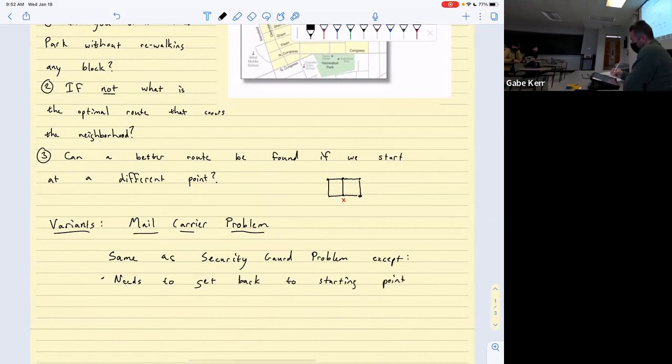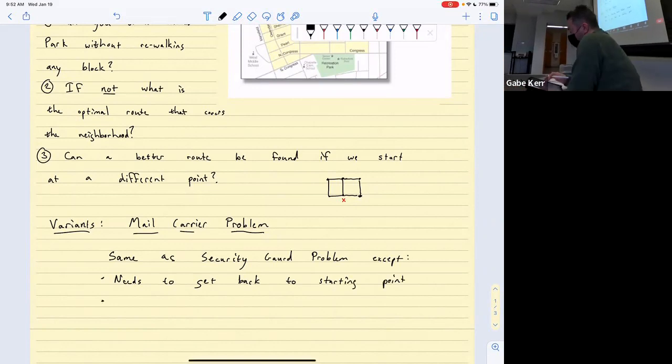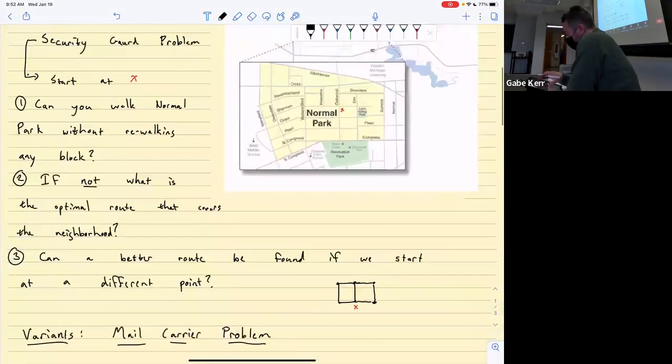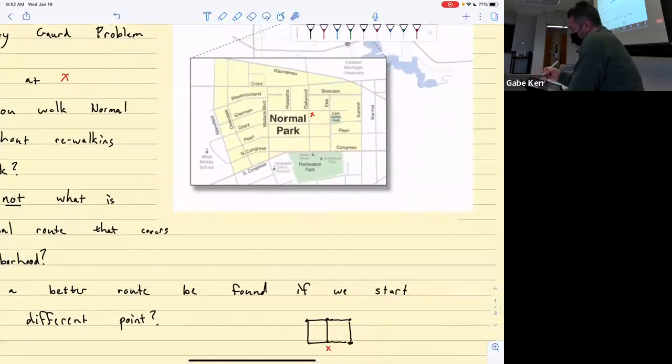And then the second thing is that if we look at our map, some of these blocks, for example this block, imagine there are houses on both sides. The mail carrier for those types of blocks will need to walk on one side and then also walk on the other side as well. So we'll have to take those blocks twice.